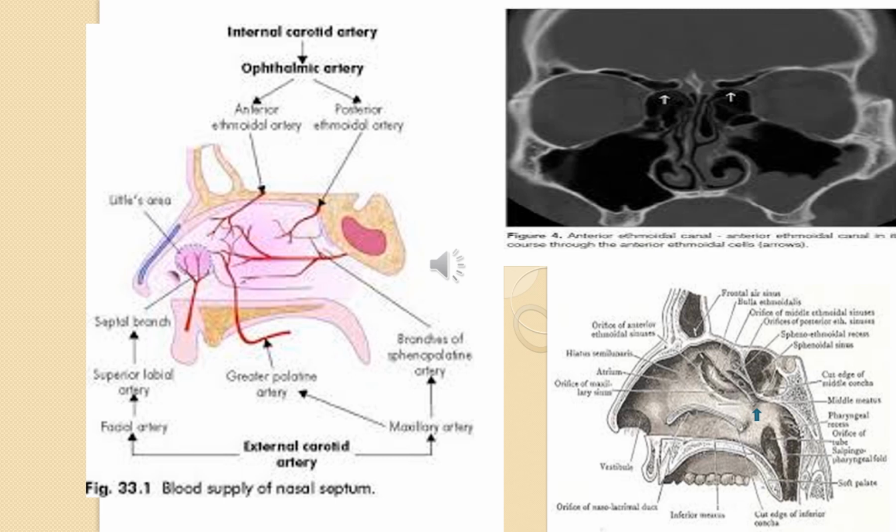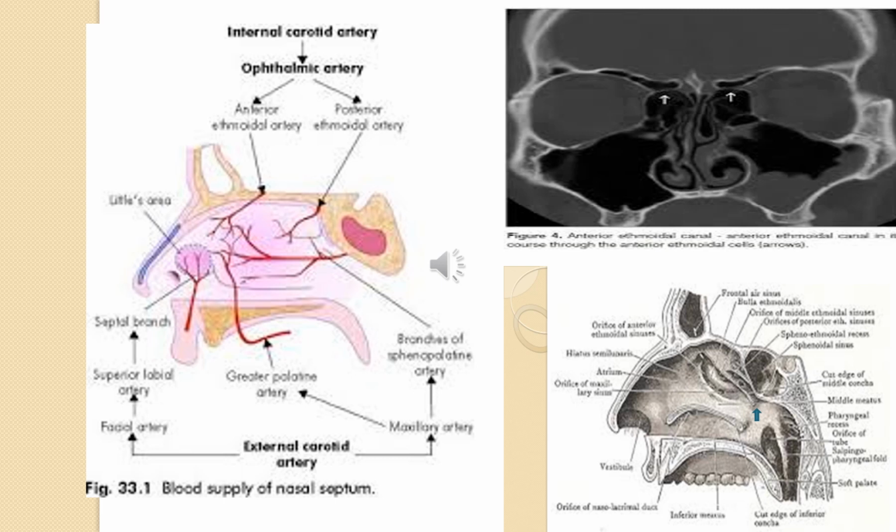As you can see, the sphenopalatine foramen is very close to the choana. So if any bleeding occurs, especially in an old age patient with severe hypertension, he presents to us with posterior epistaxis because this artery is very near to the choana.